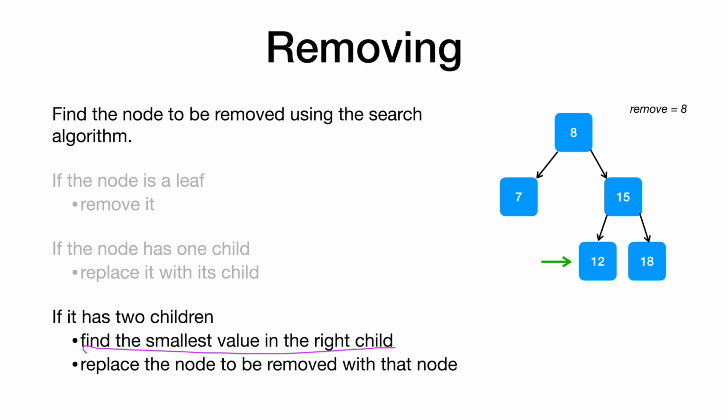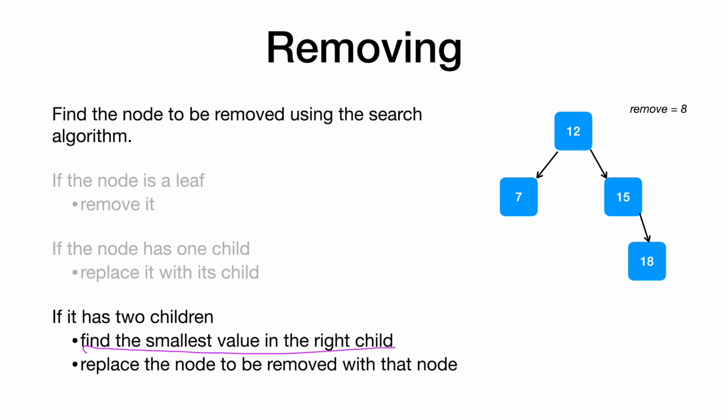And then what we want to do is we remove 12, right? We remove that smallest value. Here it's a leaf, so we can just remove it. And then we remove 8 and move 12 into that location. So basically we remove 8 and move 12 up there.